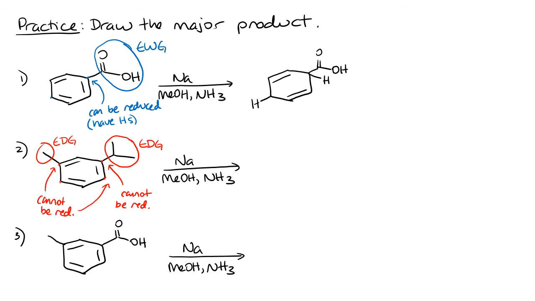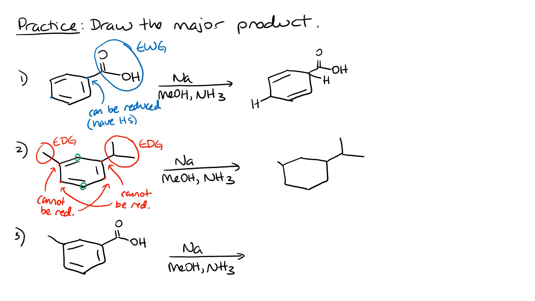And same with the one opposite. So it really only leaves 2 carbons that can be reduced in this molecule, which is these 2 shown here. And you have to have 2 carbons that are opposite to one another. If you don't have 2 carbons that are capable of being reduced and opposite from one another, the reaction will not proceed.